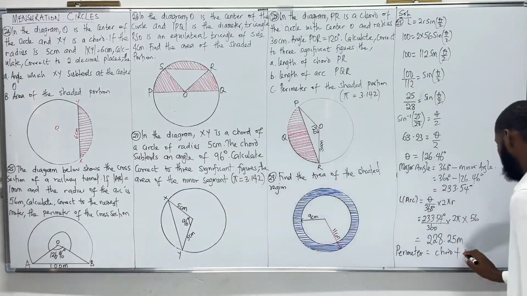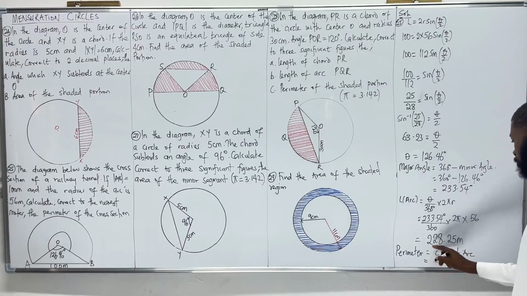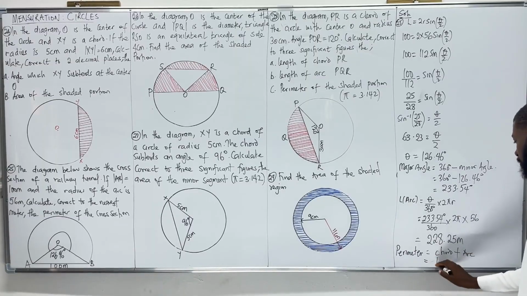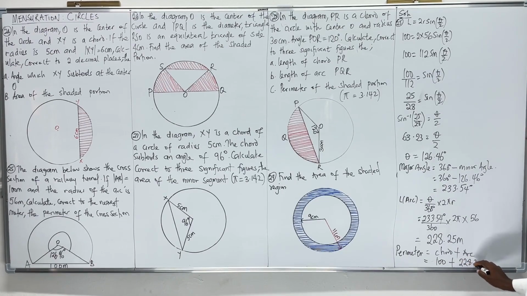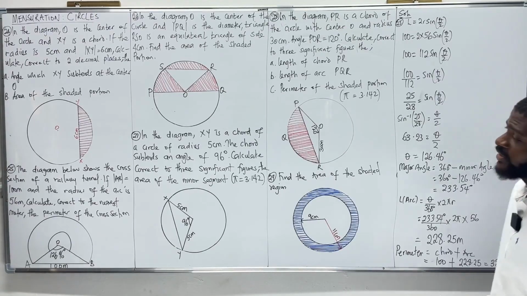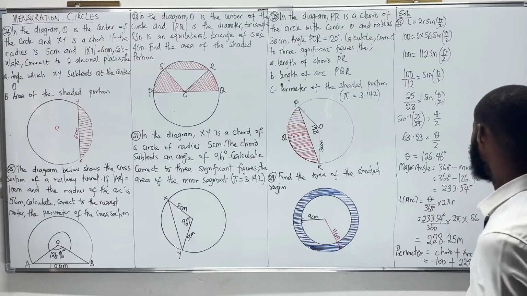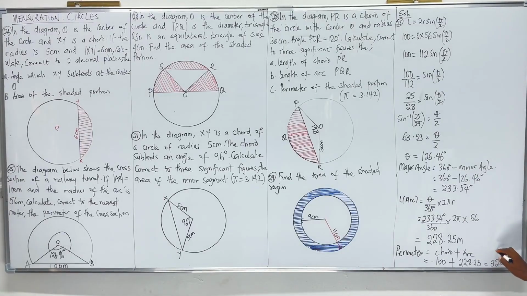The length of the chord is 100. The arc is 228.25. So when you add this up, you get 328.25 meters. It says correct to the nearest meter, so that is going to be 328 meters.